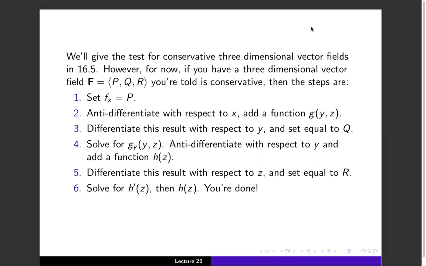And then you would rewrite your f again, and set that equal to R after you differentiate with respect to z, and then solve for h prime of z and then h of z, and that's basically it. And of course, check it. It's pretty much the same exact idea, just with an extra iteration of a step. And you can keep on doing this forever, until the cows come home.